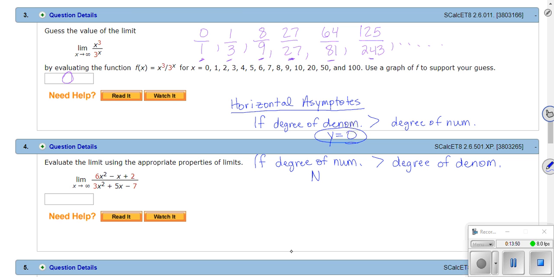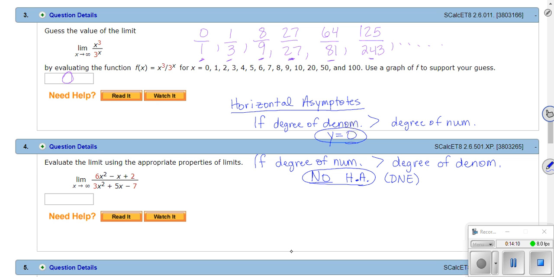So I'm going to put no horizontal asymptote. Does not exist. Okay? No horizontal asymptote. That's what my HA stands for. So if the degree of the numerator is greater than the degree of the denominator, you have no horizontal asymptote.